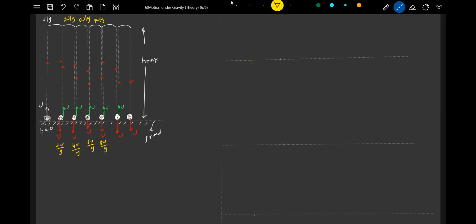Spacing between the lines should be equal so that we'll get the exact shape of the curve. I'll try my level best to get a good graph.